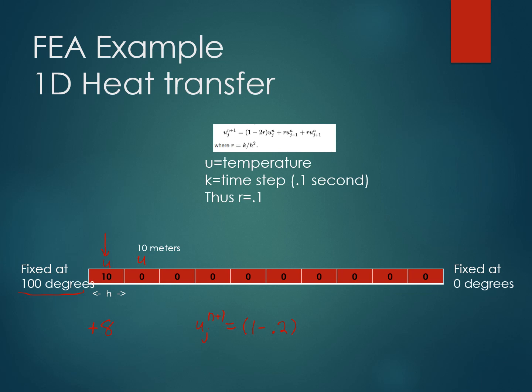And we've got the 0 here because it's currently 0, plus 0.1 times this term here, our J minus 1, which is going to be this element now. So that's 10 degrees. And then plus 0.1 times, this will be J plus 1 right here. And again, that's 0. So then this simplifies out to being 1 degree. So we'll have 1 degree here and 18 degrees here.